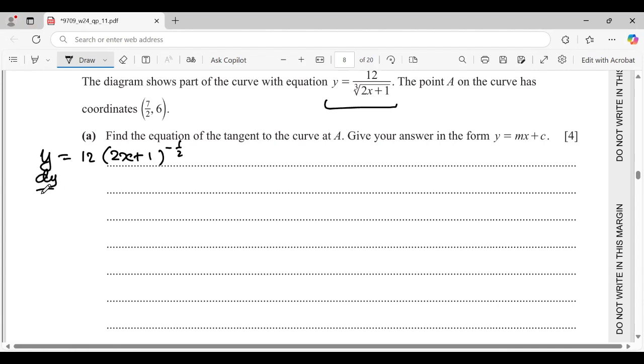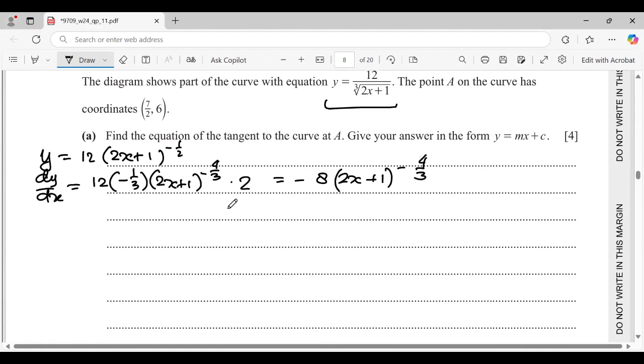So dy/dx of this function is 12 times minus 1 third (2x plus 1) to the power minus 4 third, times 2 because of this 2x plus 1. So if we multiply, it becomes minus 8 (2x plus 1) to the power minus 4 third. After that, we're going to find the tangent at x equals 7 half.